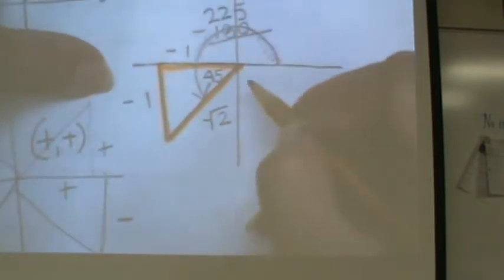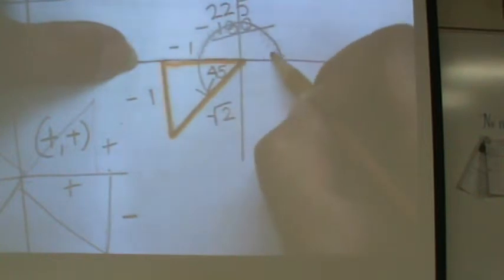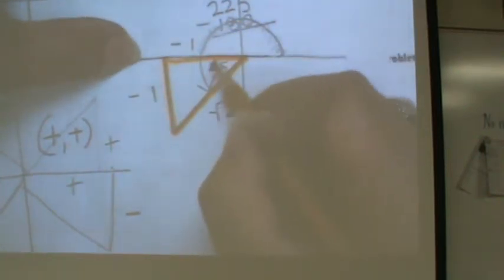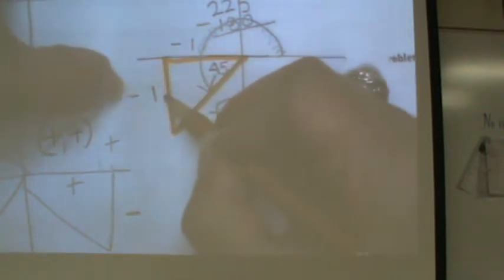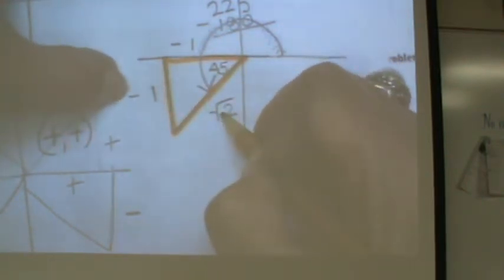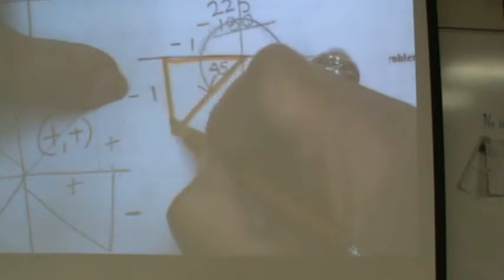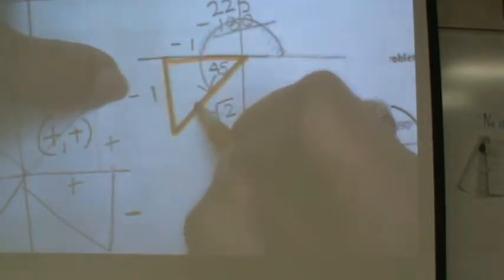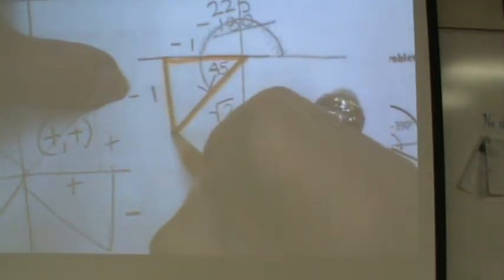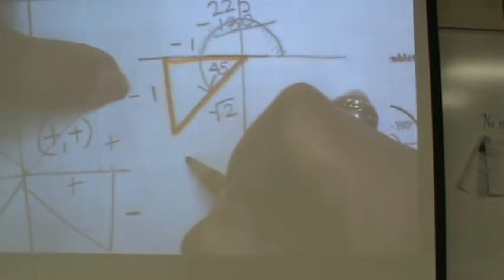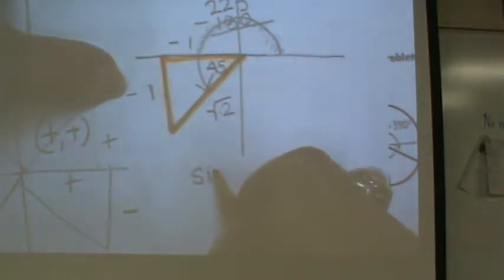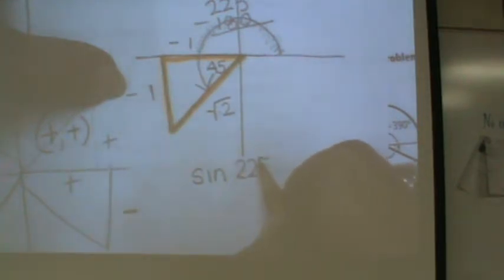So now when I ask you what's the sine of 225 degrees, I'm going to play around with this 45 triangle right here and use the side opposite over the hypotenuse. But I'm going to use -1, not +1, because I'm in quadrant 3. And in quadrant 3, x and y are both negative. So when I say, what's the sine of 225 degrees?